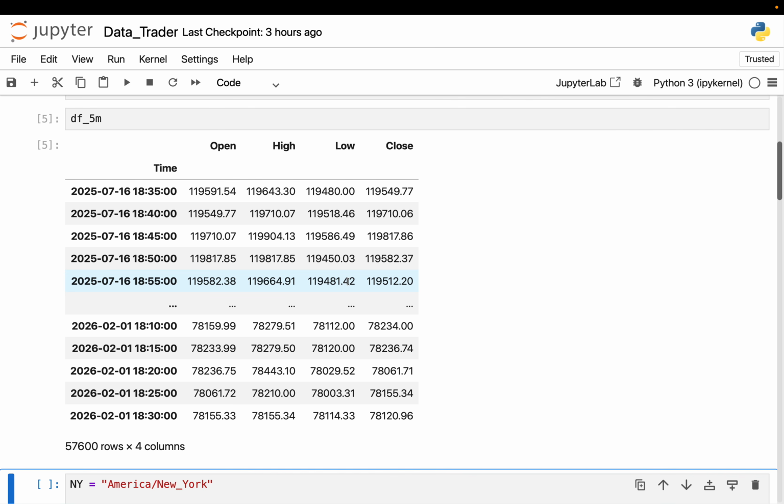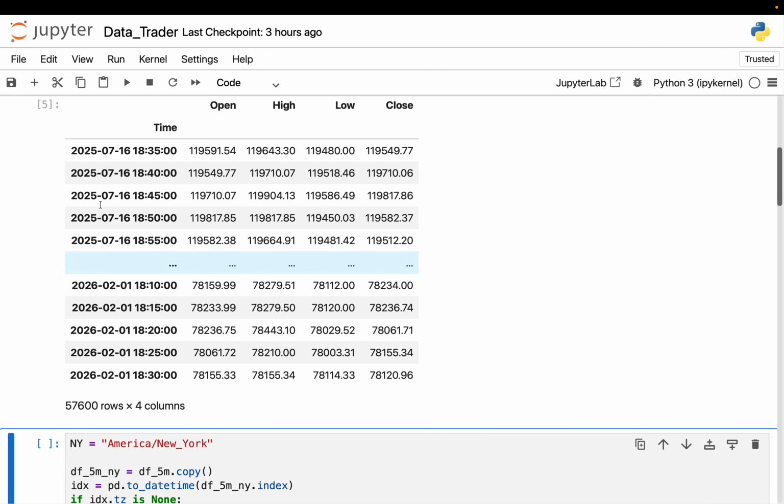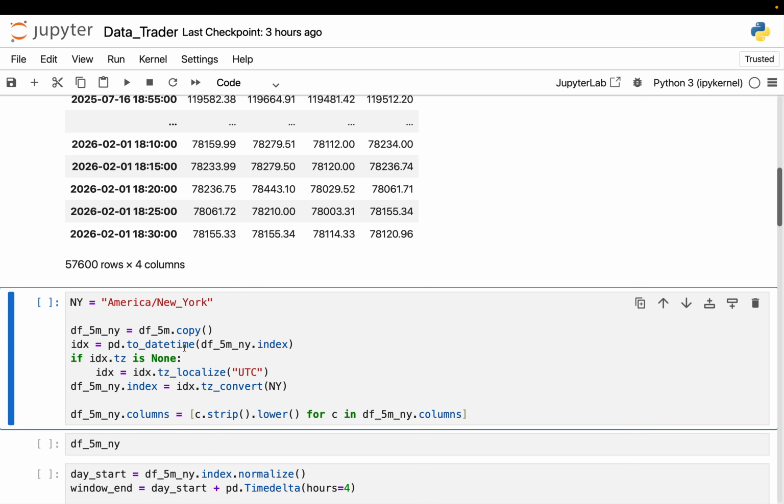Now, next one is to convert this to New York time. Why? Because Data Trader was saying we need the New York time frame as the base on the first candle. So this is one way to do it. There are probably 100 other ways to achieve that.